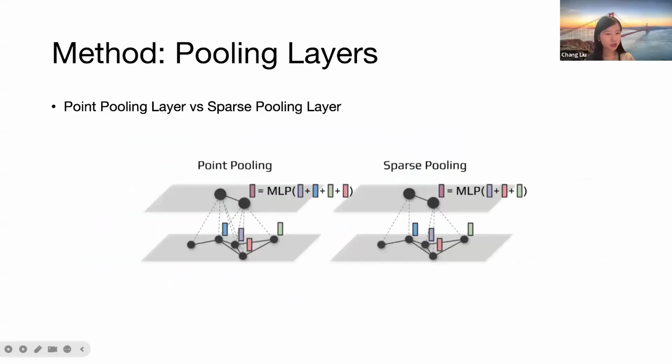So, in order to build up this U-net shape, we introduced two types of pooling layers in our model architecture. This slide demonstrates the difference between the two types of pooling layers we introduced. They are point pooling layers and sparse pooling layers. The pooling layers help us connect distant nodes and meanwhile enlarge the receptive field. Why is that?